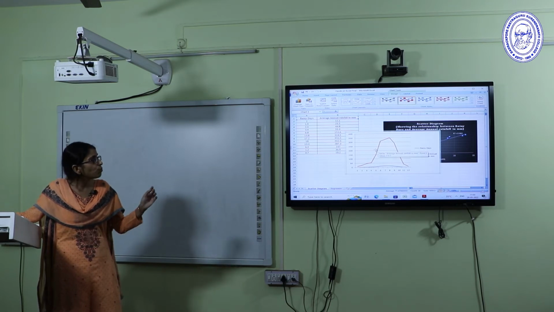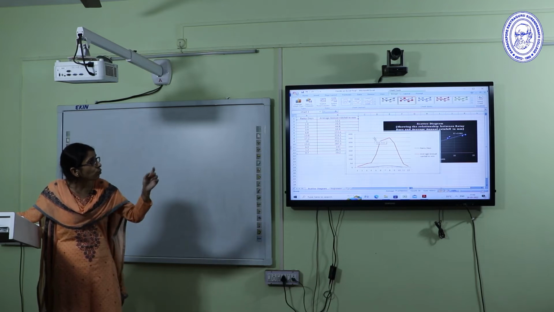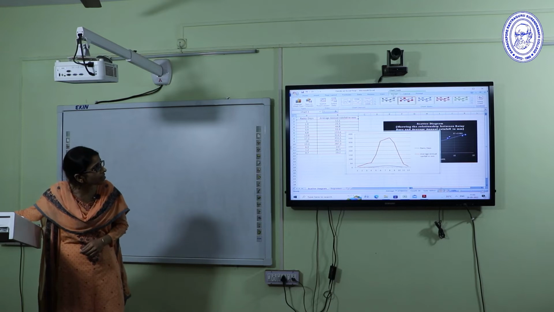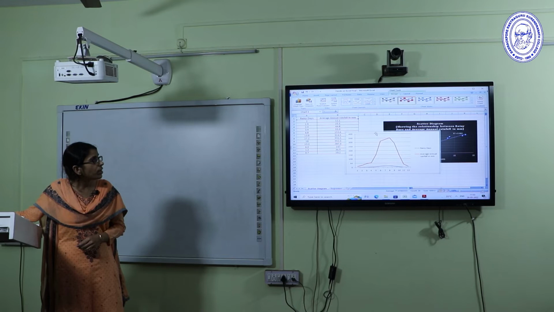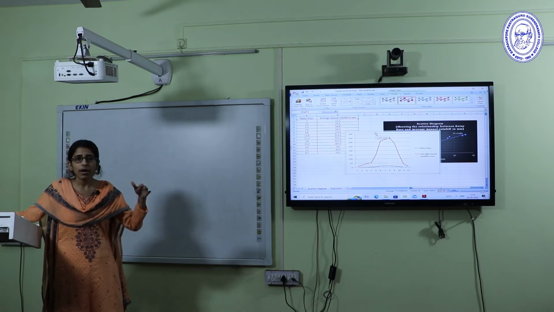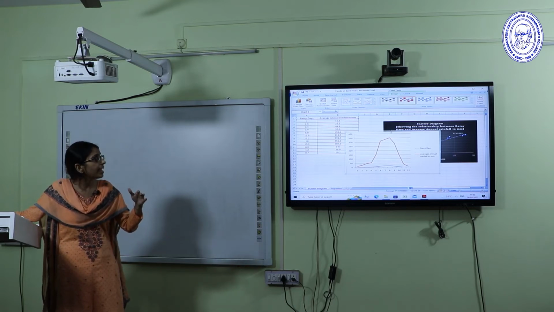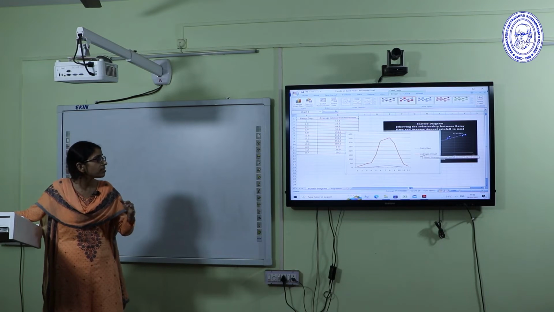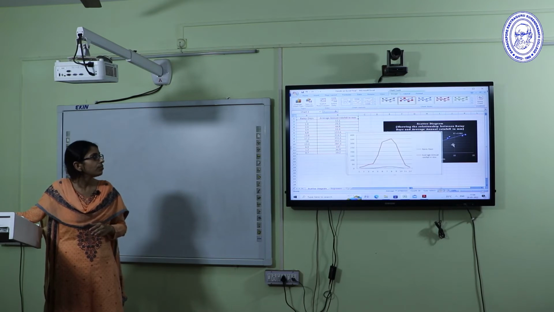And if you want to put axis titles here, you may go through the Design or the Layout with all the arrangements, that is the heading, the legend, the axis title, etc. So, this is a very simple line graph you may draw.